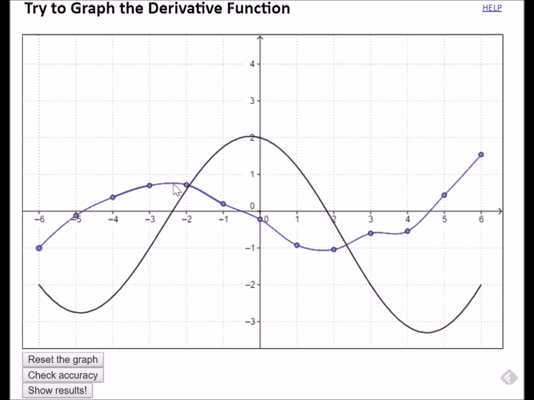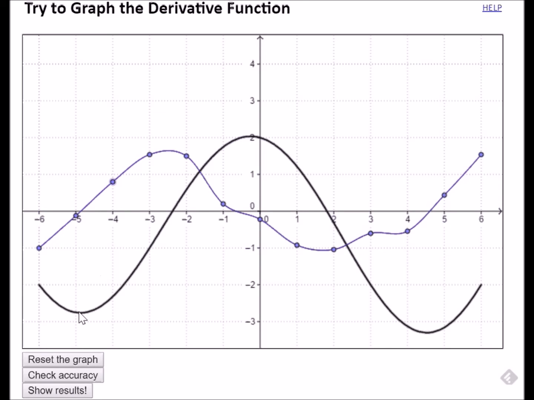So here, my function value for f prime should be at 1.6 somewhere. So I'm going to move those up, maybe like that, maybe a little more. And okay, maybe even more. There we go. Okay, so it's the steepest here.